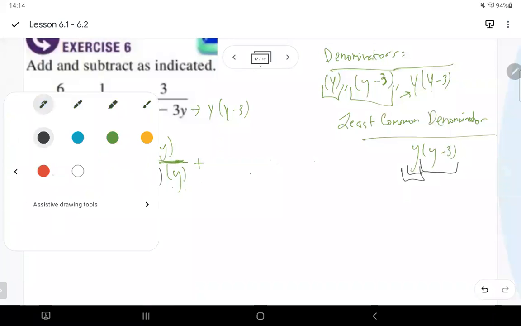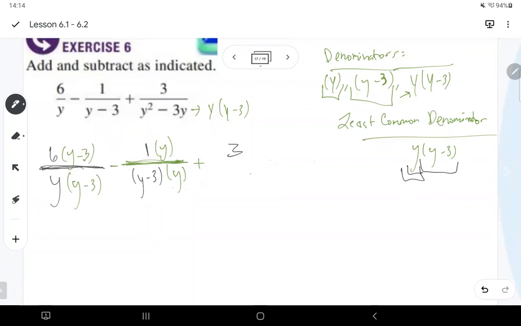Now, the last one, you'll notice has the whole piece. So we actually don't have to do anything else with it. What we are going to do is distribute and combine like terms.